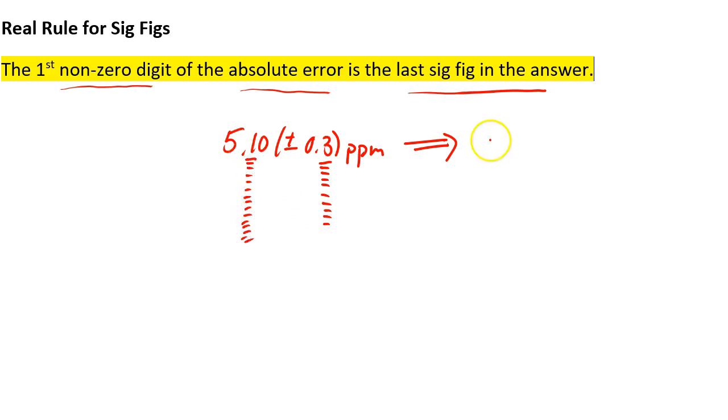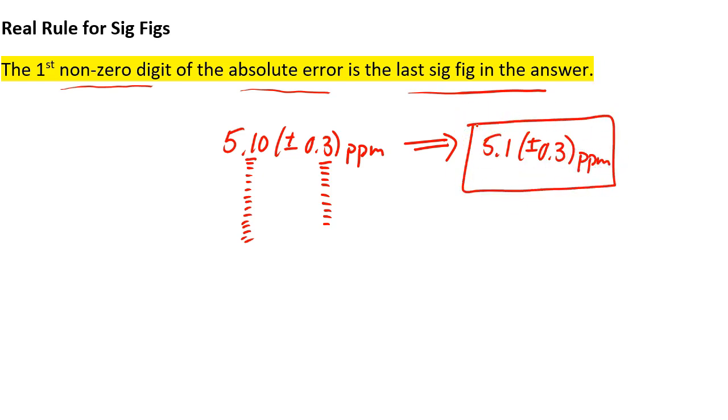So this should be reported simply as 5.1 plus or minus 0.3 ppm. So that is the real rule for sig figs. Here it is stated, but it's really a consequence of the measuring devices that we use. So hope you enjoyed this video, and thanks for listening.